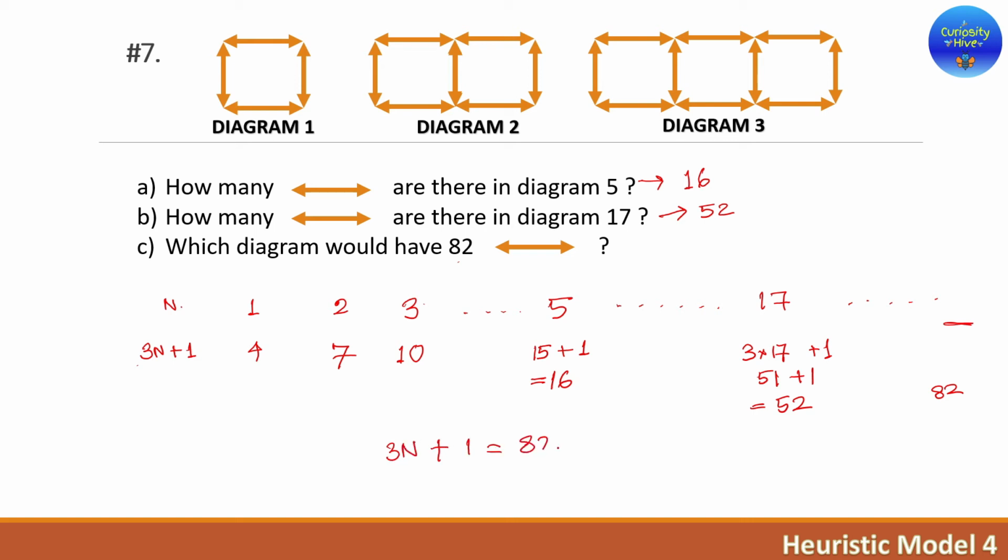So that means my 3n, I will move the 1 this side, will be 82 minus 1, 81. And n will be equal to 81 divided by 3, which is nothing but 27. So this would be the diagram number 27. So this is the way of solving these questions.